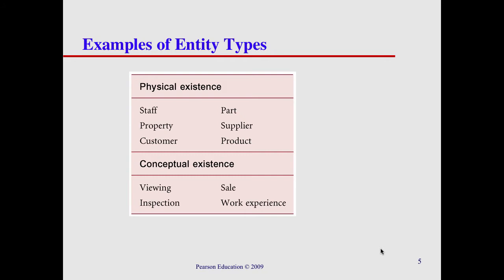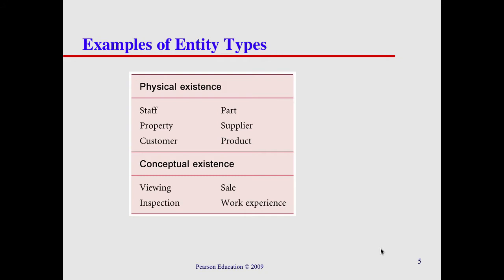So it is true that there may be a physical artifact that results from this conceptual existence, but it's not normally something you can physically touch. We may create a physical artifact to record its existence, but the act itself is not typically physical. The sale is something we negotiate. It's not physical. It's intangible.